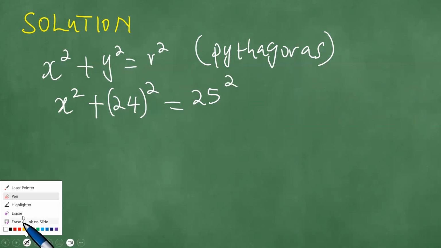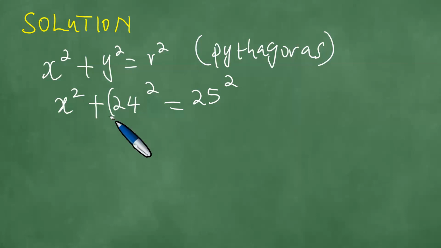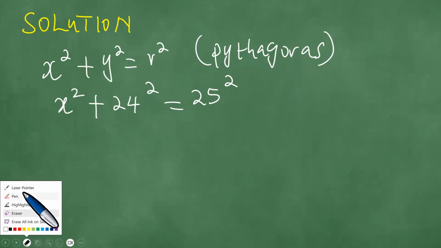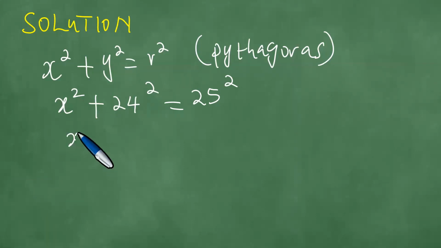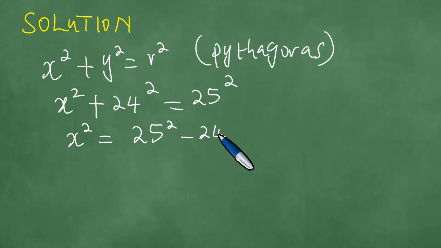You can write like that. It's acceptable. Okay, now we continue to solve this problem. We have x squared equals, what is 25 squared? So this becomes 25 squared minus 24 squared.